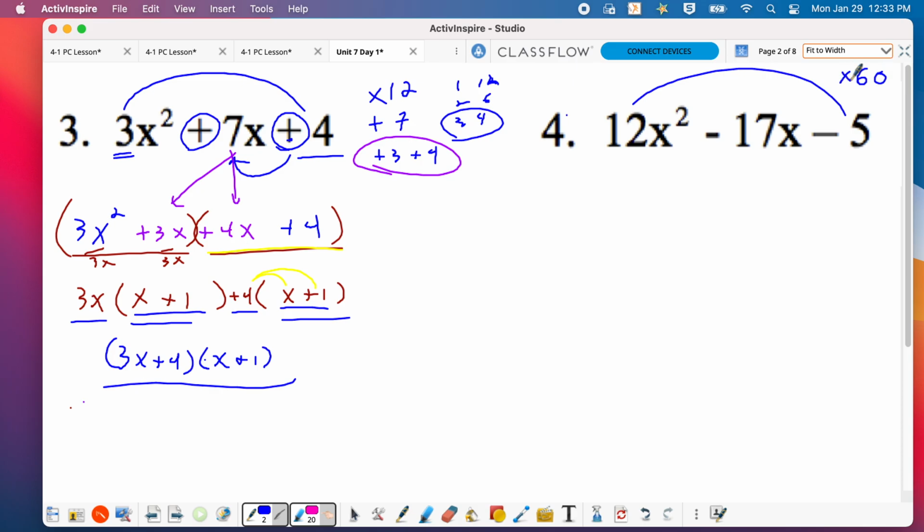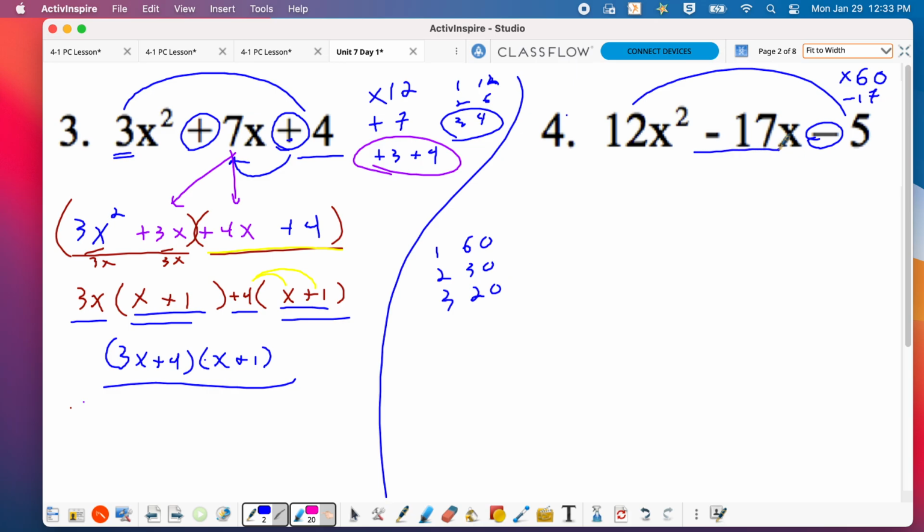I'm going to multiply to get 60 and subtract to get 17. 60 is 1 and 60, no, that doesn't subtract to give me 17. 2 and 30, that's 28. 3 and 20, that's 17. So I want to have a negative 17. Because my last term's negative, it's a plus and a minus. I have to decide 3 minus 20 or 20 minus 3.